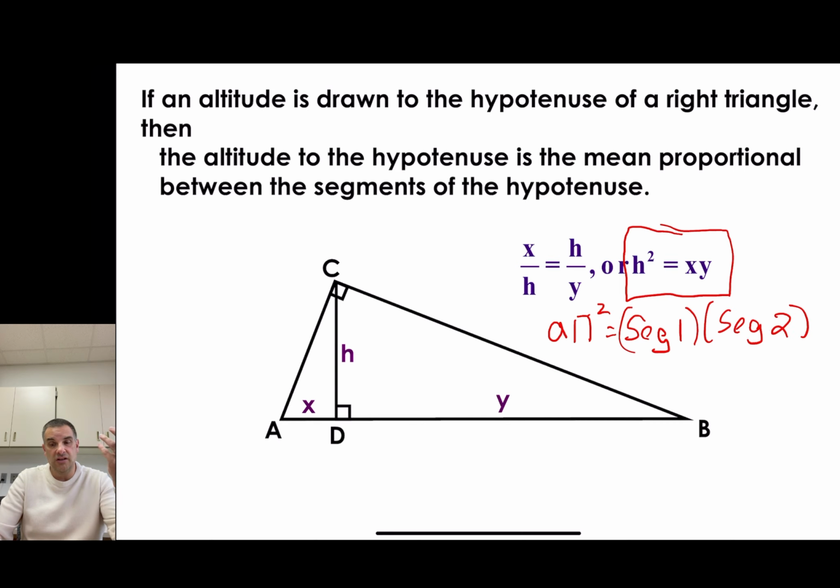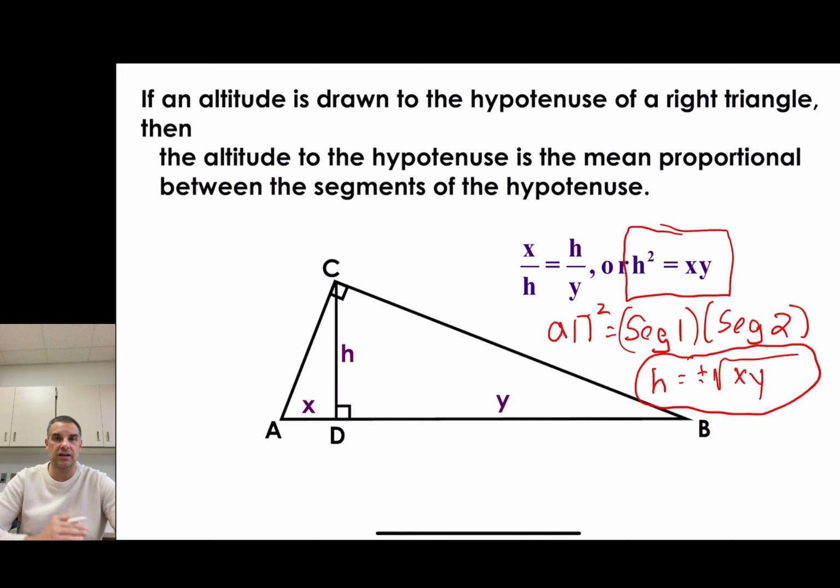So h is equal to plus or minus the square root of segment 1 times segment 2, or h is equal to plus or minus the square root of xy. We're going to use this anytime we're given that altitude and trying to find those segments. As long as we're given 2 of the 3, we can do this using this formula. Okay, so that's the first one that you need to get written down. If you don't have it written down, again, press pause.